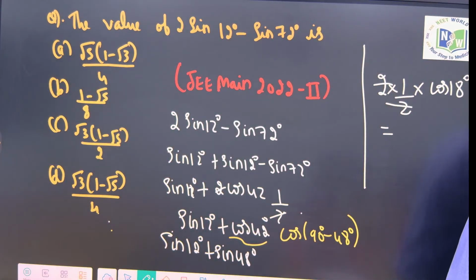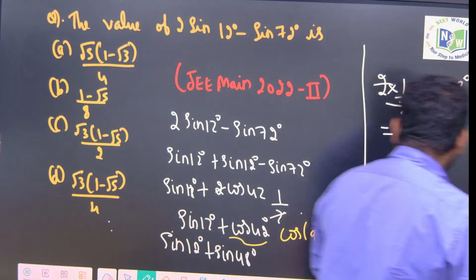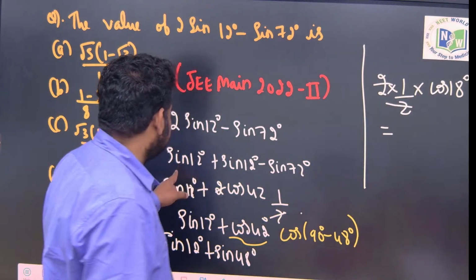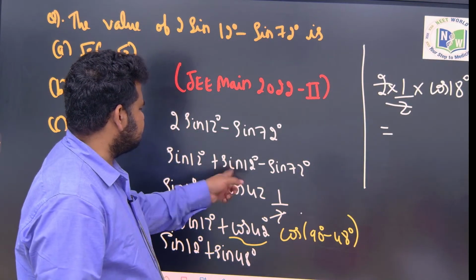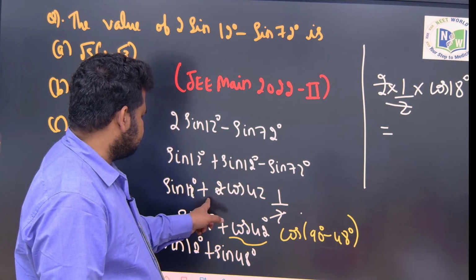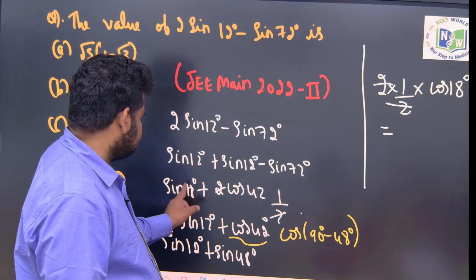Sir, in the second step we are doing sin C minus sin D, and we are getting minus 1. Sin of minus theta is minus sin theta. Which one? In second step, this one. Sin C minus sin D, sin of C minus D by 2.